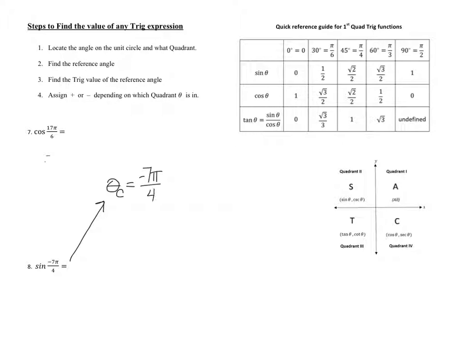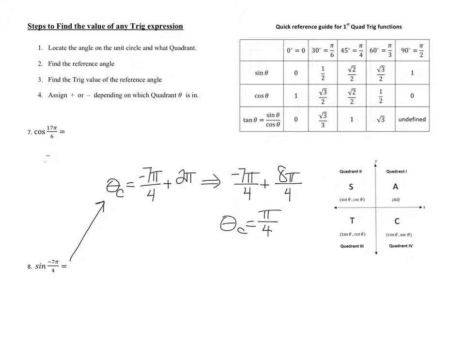So we're going to add 2 pi to it. If we convert 2 pi to a common denominator, we have negative 7 pi over 4 plus 2 pi. If it's over 4, you're going to double the top. That'll be 8 pi over 4. Okay, so negative 7 pi plus 8 pi over 4 is pi over 4. So our coterminal angle is pi over 4.